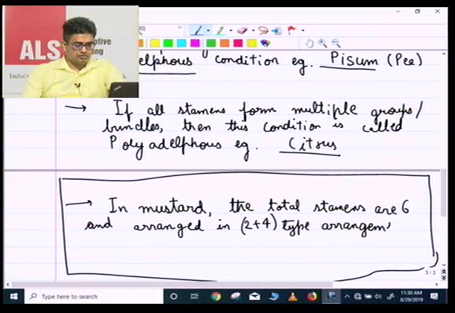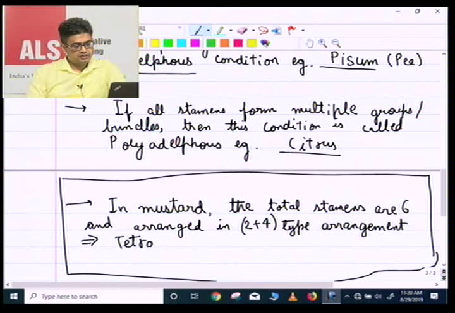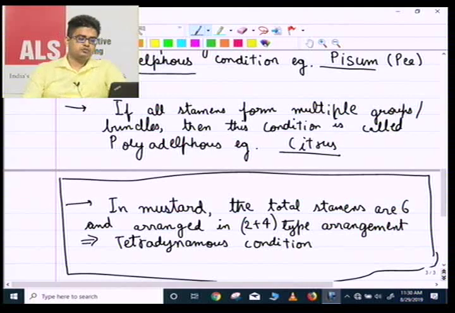It will be quite detailed if I write everything. This is called tetradynamous condition.